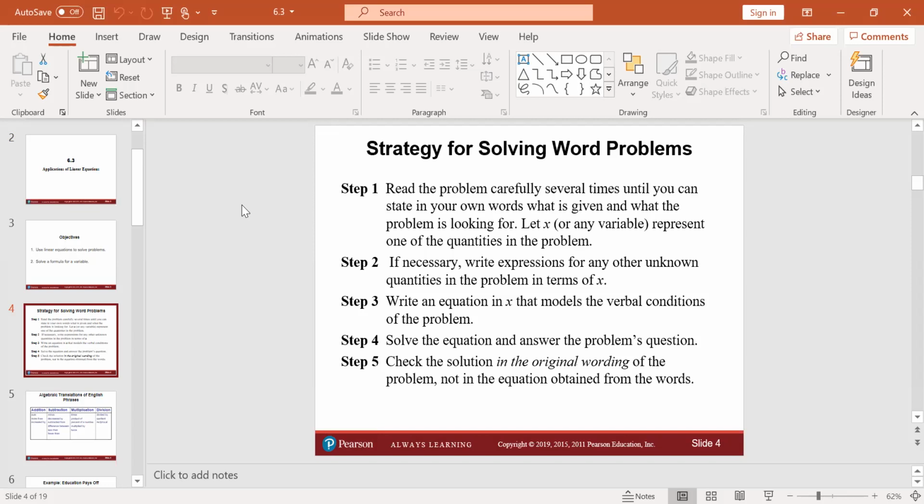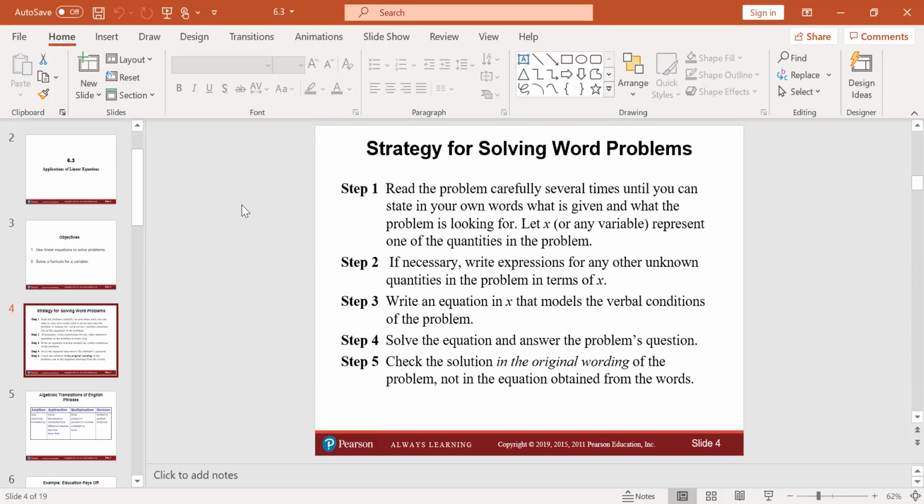Next up, you're going to have to write an equation. It's going to have to involve your variable, and it has to model the conditions of the problem. It has to model the problem. So you know what you're looking for. You've created a variable that represents something, probably something you're looking for.